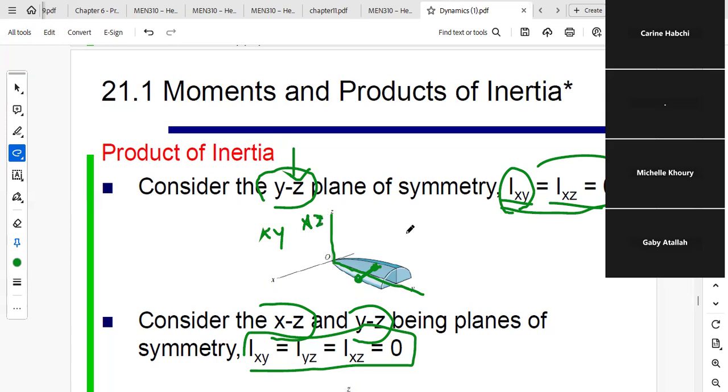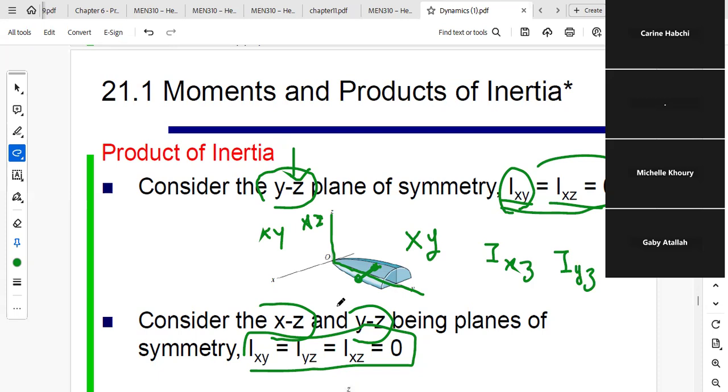And if I have the xy plane as a plane of symmetry, then I can say that Ixz and Iyz will be equal to 0. And if I find two planes of symmetry, then I can deduce that the three products of inertia will be 0.